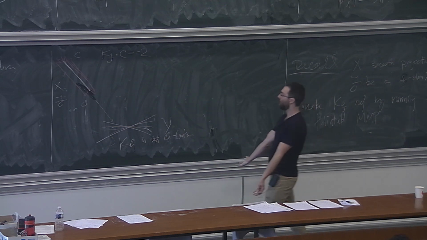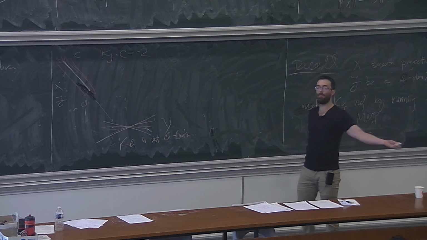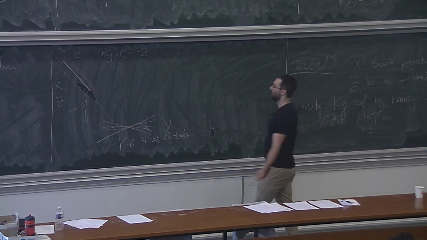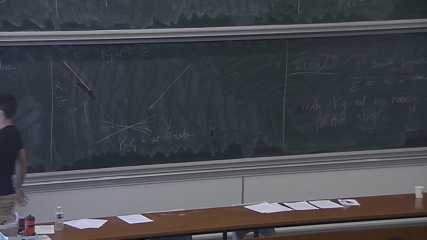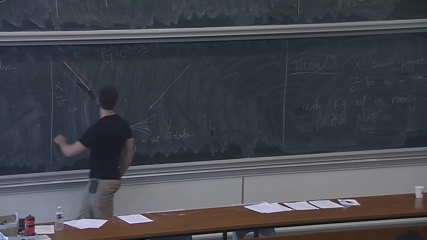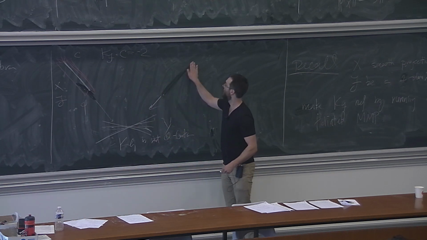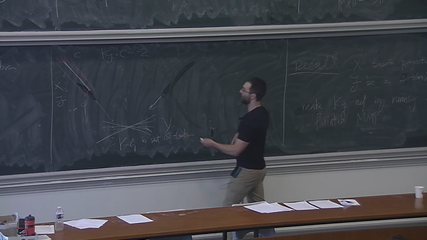So how do we fix this? Well, let's blow up the other divisor and see what happens. Let X^+ be the blow-up of D_2 inside Y. And again, we'll call this map phi^+.